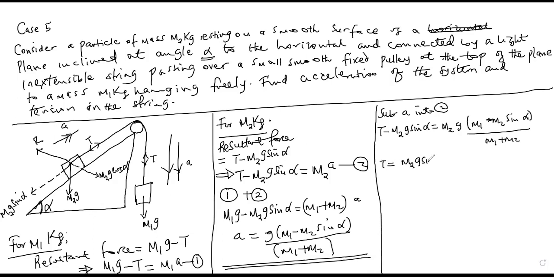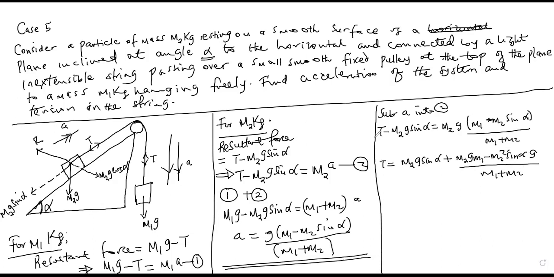m2g sine alpha plus m2g(m1 minus m2 sine alpha) out of m1 plus m2.